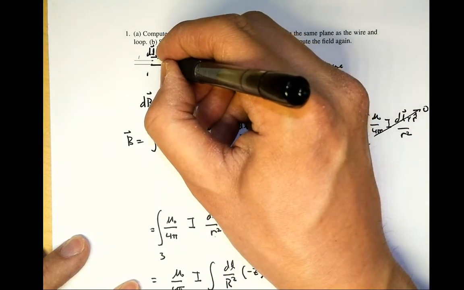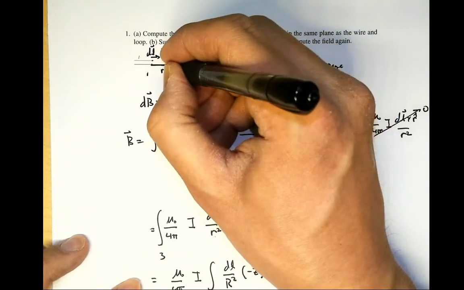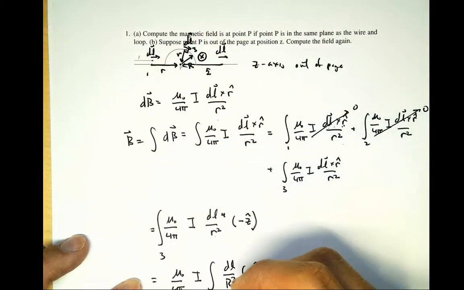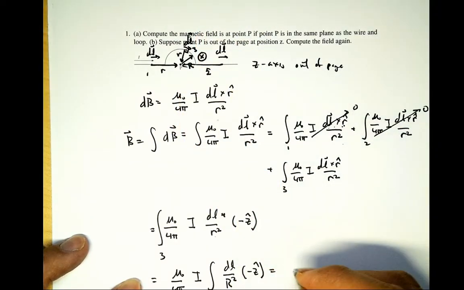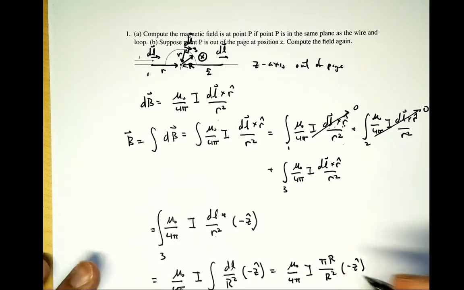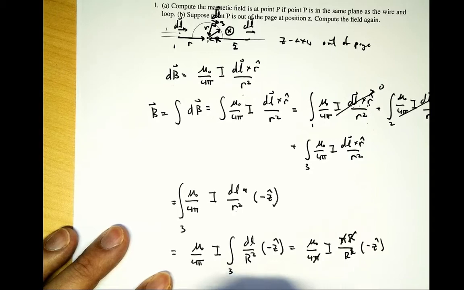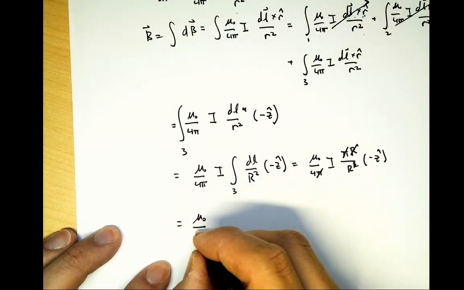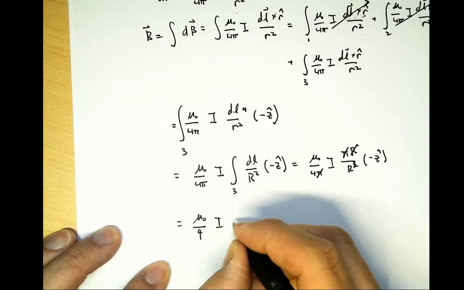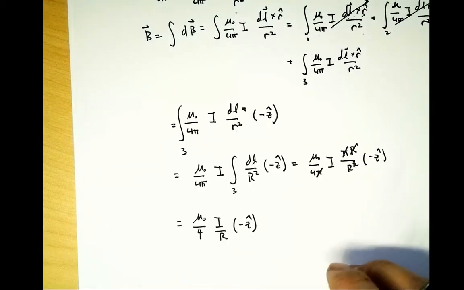It's the circumference of a semicircle, which is half the circumference of a real circle, and the circumference of a real circle is 2 pi times capital R, so this is just pi times R. So it's going to be mu 0 over 4 pi I pi R over R squared in the minus z hat direction, and then we're done. That gives mu 0 I over 4R in the minus z hat direction. And that's it for problem 1.